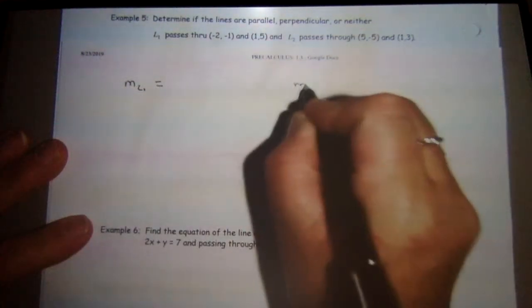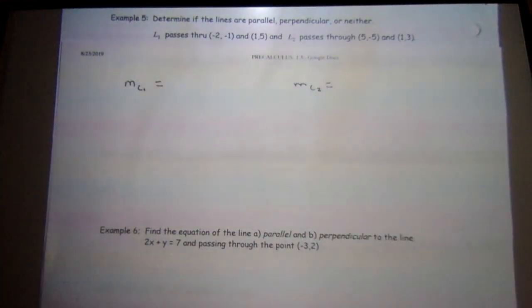And line 2 passes through 5, -5, and 1, 3. So what do I need to do to figure out if they're parallel, perpendicular, or neither? I have to find the slopes. So the slope of line 1, you guys do that right now. Slope of line 2. You guys find that on your own.